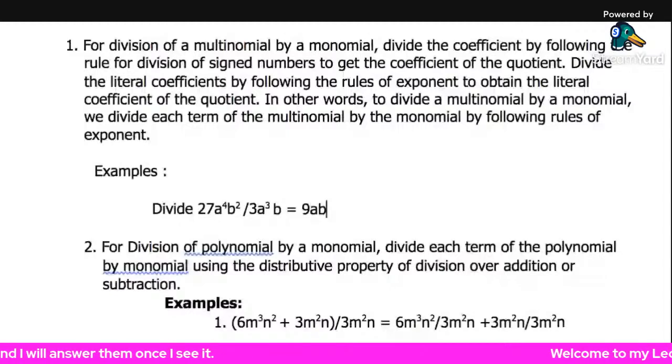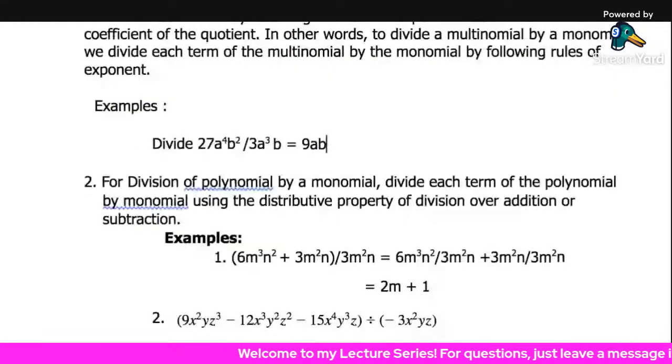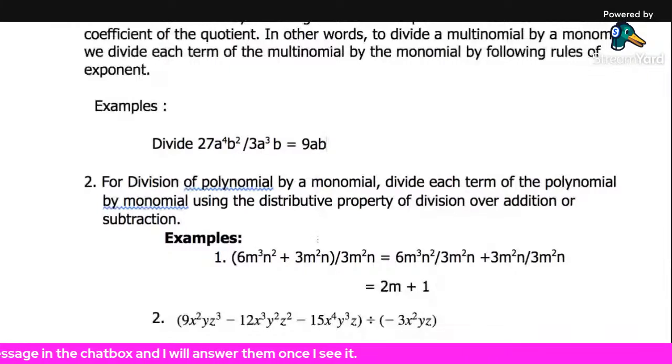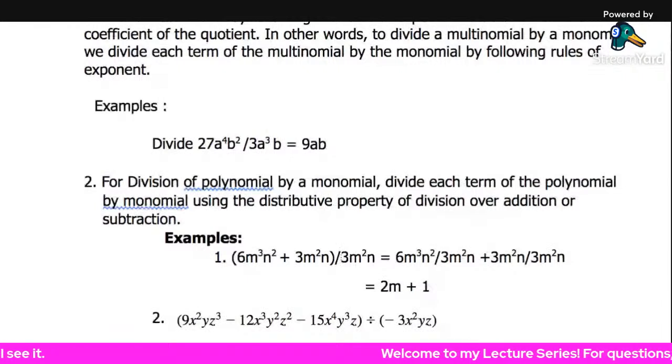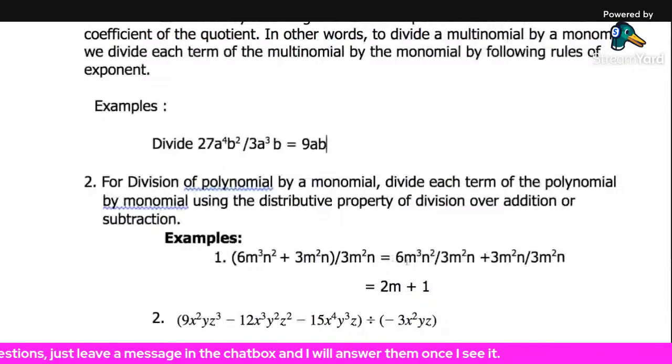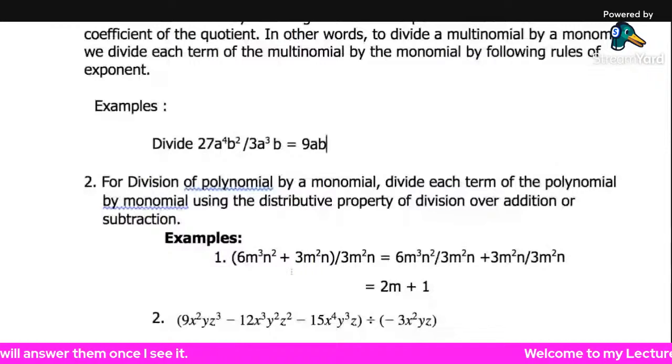For a polynomial divided by a monomial, we can have this polynomial here, the quantity 6m^3n^2 plus 3m^2n over 3m^2n. If it's a polynomial divided by a monomial, you can actually separate them. Just like this one, 6m^3n^2 divided by 3m^2n. So this is divided by the first term.